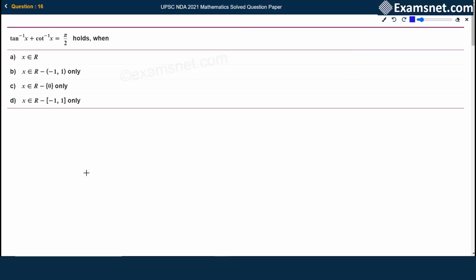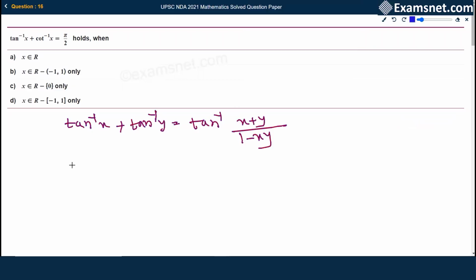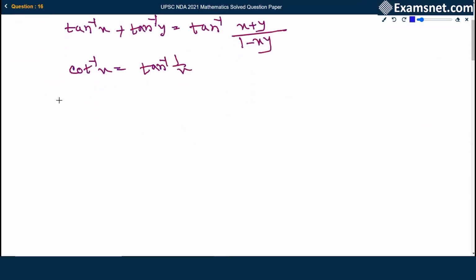First of all, we are going to use some formulas from inverse trigonometry. One formula that we will be using: tan inverse x plus tan inverse y equals tan inverse of x plus y by 1 minus xy, right? Another one is cot inverse x equals tan inverse 1 by x. Fine.